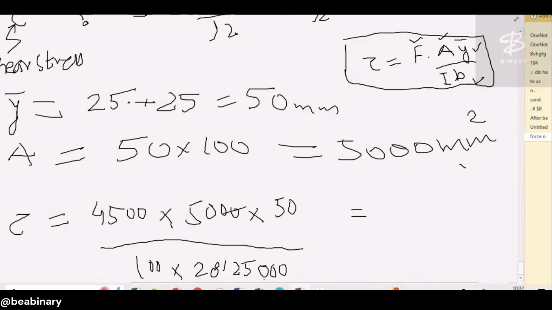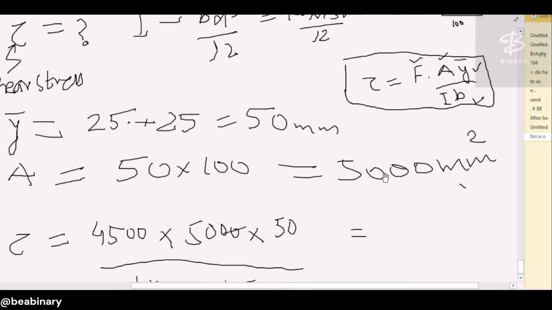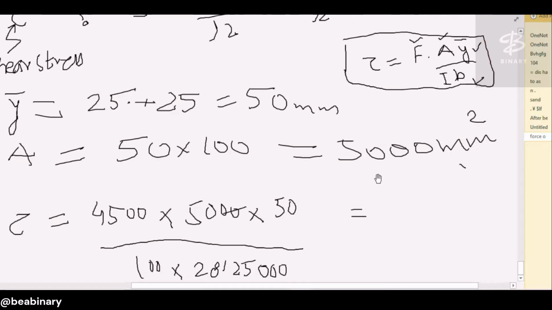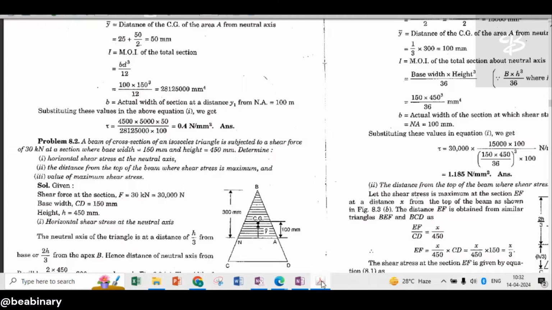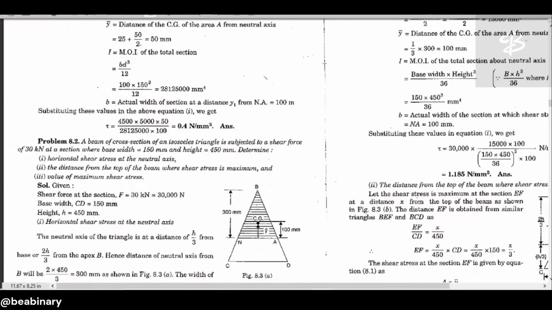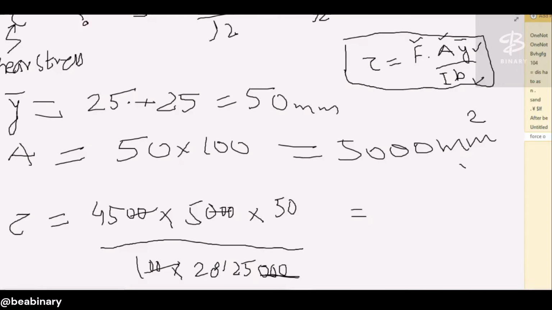Now check what is the answer and just putting in the formula we'll get it. Is 0.4 Newton per mm. ठीक है, so with this formula you can calculate the shear stresses. 0.4 Newton per mm square is the value of the shear stress acting on this beam for the force of 4,500.